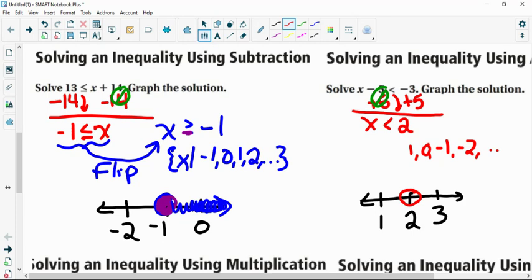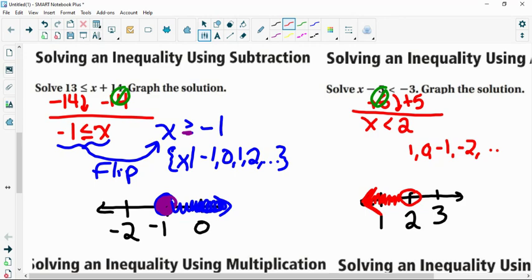And when talking about less than, we'll shade it to the left of our circle. So far, your steps remain similar to the equations we have previously solved.